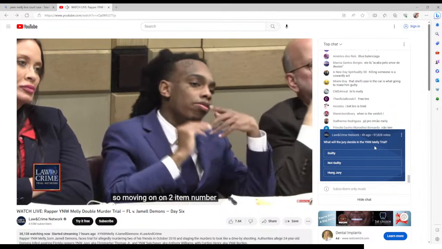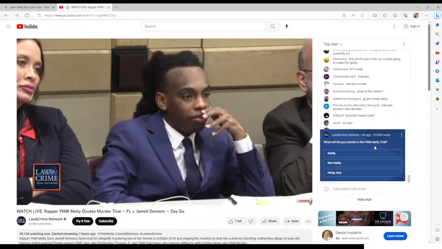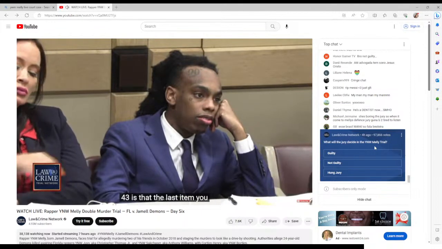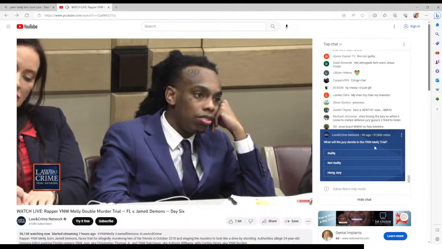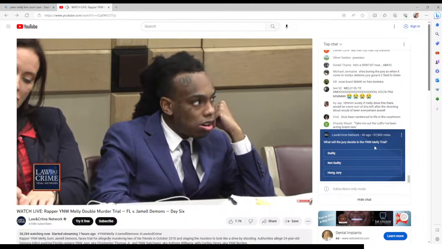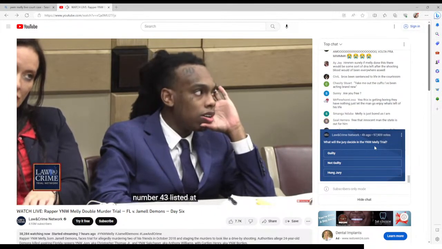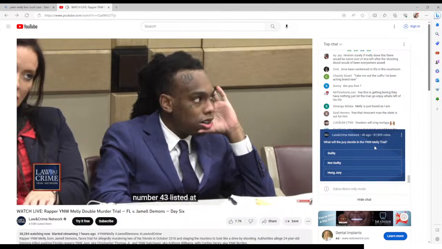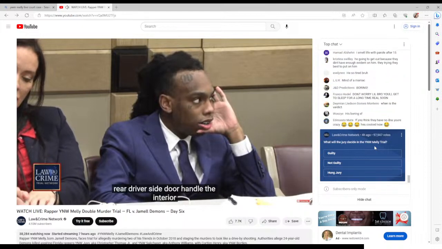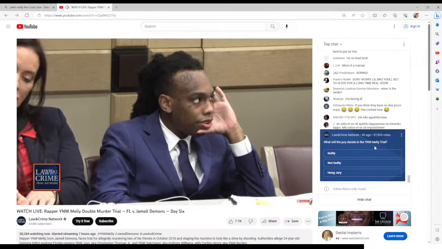So moving on to item number 43. Is that the last item you tested in this case? Yes. So with regards to item number 43, what was it listed as? Swab, rear driver's side door handle interior.